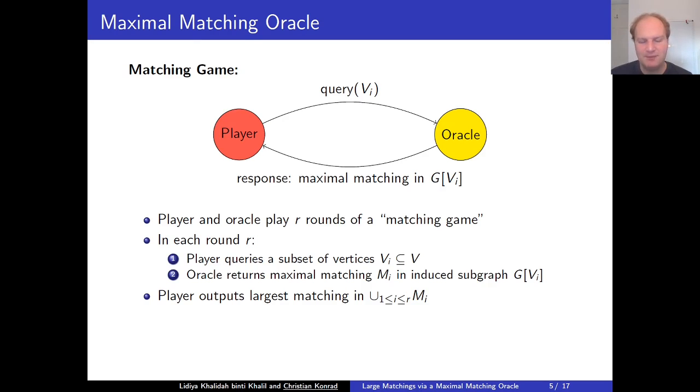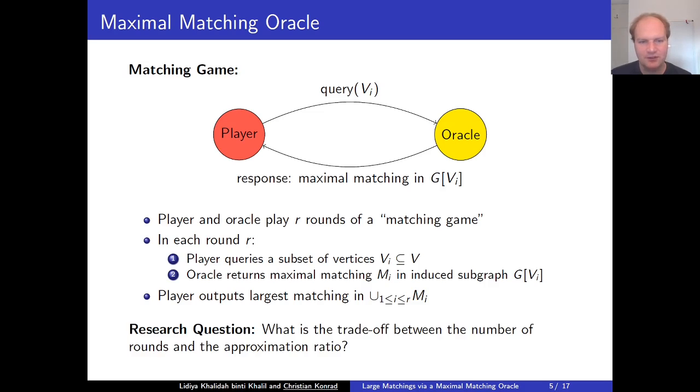We measure the performance using an approximation factor. Now, the question we'd like to ask is the following: what is the trade-off between the number of rounds that we allow in this matching game and the approximation ratio that can be achieved?